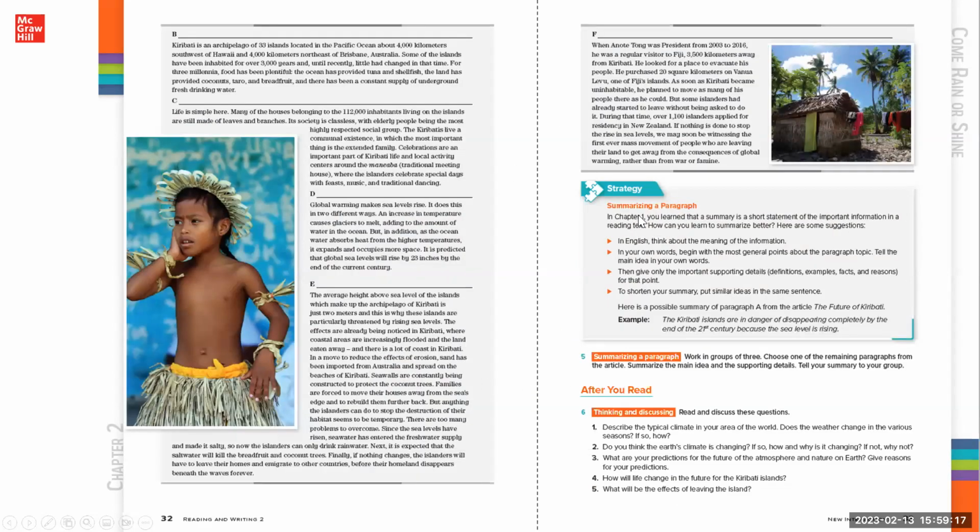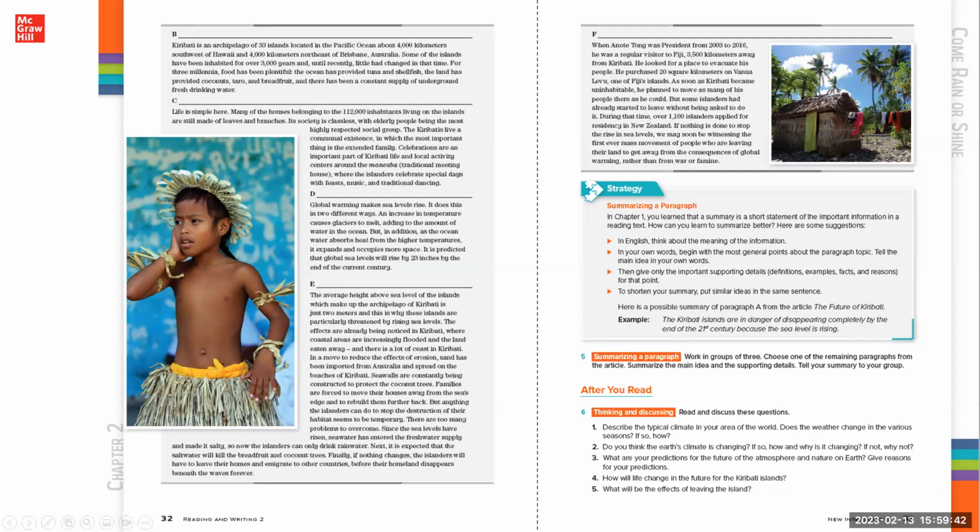Then a strategy on how to summarize a paragraph, and then some practice on that. So all the time, it's going further into the text, looking in more depth at the structure of the text and the purpose of the text and how it's all put together. And then there's an after you read section here with some questions that they can answer and discuss.